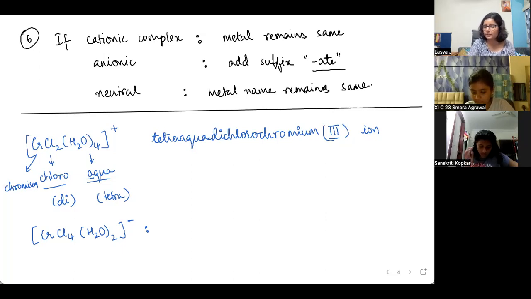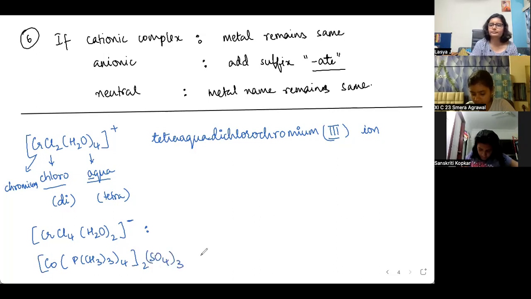Once you're done with this one, do you have the name of the ligand that I gave in the last one?